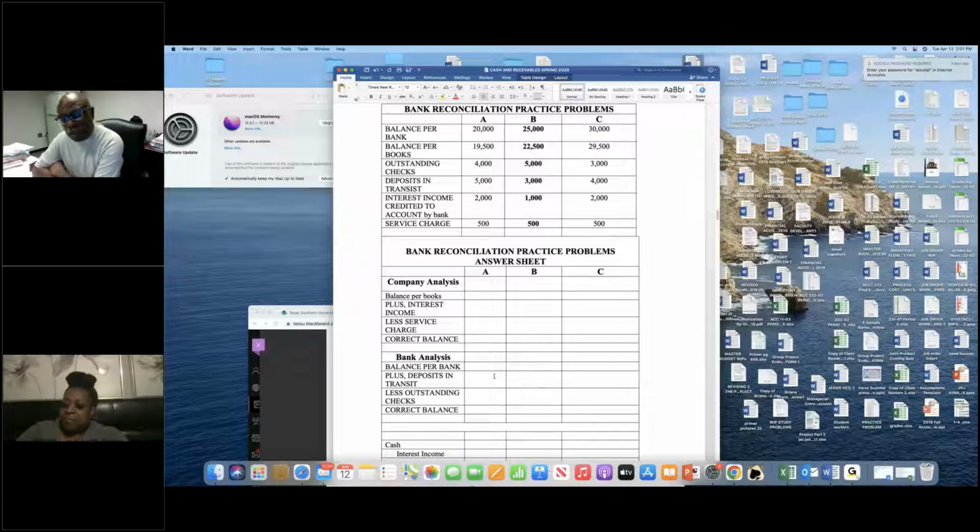So that's a simple balancing of a trial balance. You know, y'all had some big balancing of trial balances. But the same thing, got to get to the correct balance.